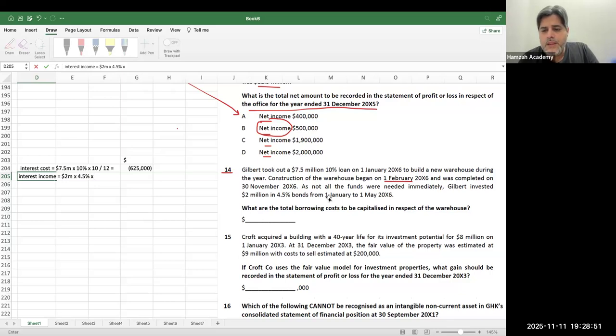So it's gonna be February, March, and April, 3 months only. So it's gonna be 3 by 12.